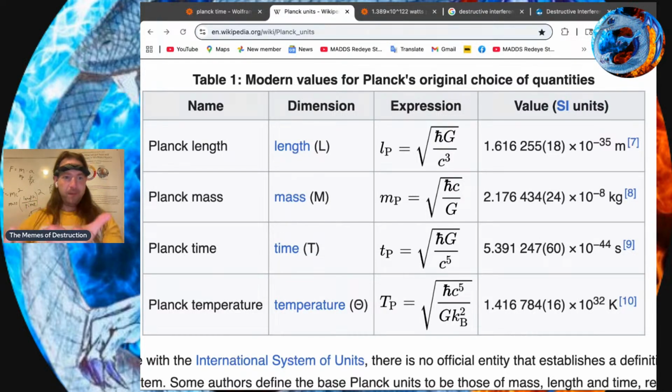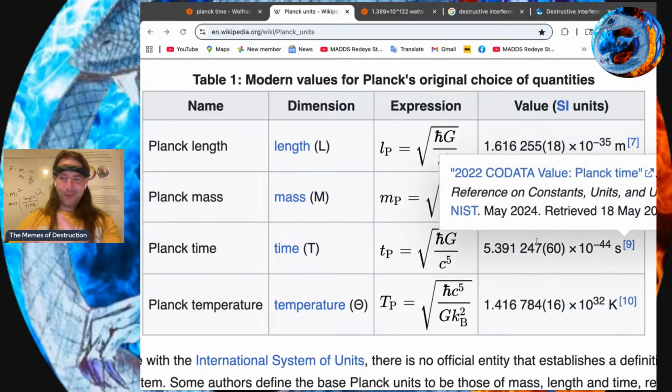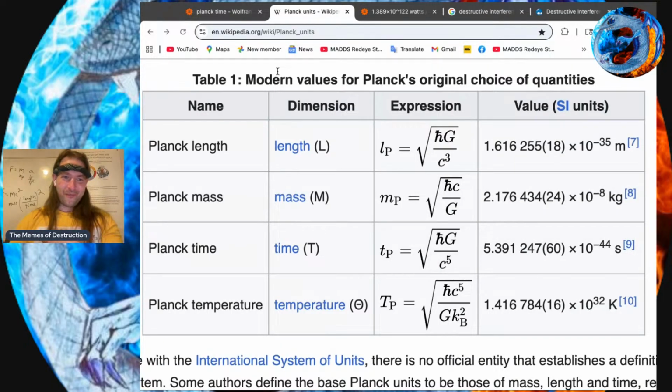A lot of times in conversations, people hear words like the Planck length or Planck time in a PBS Space Time video, and then you see 10 to the minus 35, 10 to the minus 44. It's ridiculously small. So people say, oh, it's the Planck scale, it's just small stuff.